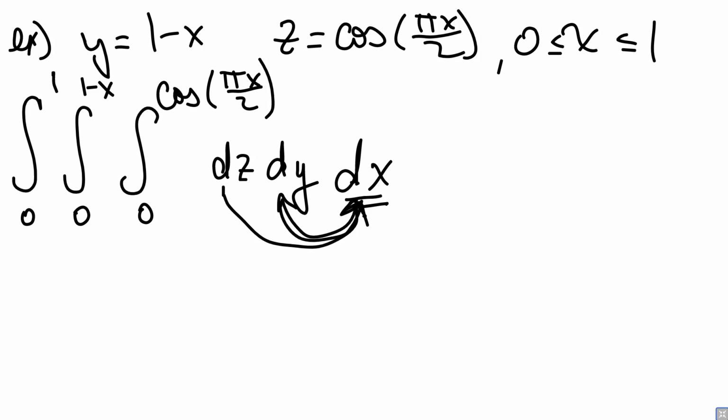So for z, to figure out that the lower limit is 0, you have to remember that x is bounded between 0 and 1. If you plug in 0, then you plug in 1: at 0 you get 1, at 1 you get 0.